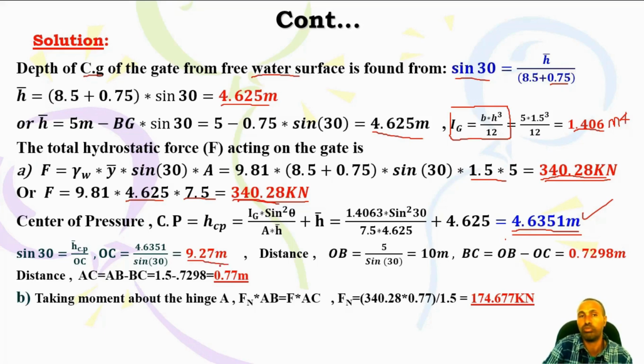To compute the distance between the net force and the required normal force, you follow moments. Distance OB will be 5 over sin 30, so OB is 10 meter. BC will be OB minus OC, and you can find this result. OC is already computed here, and hcp is known already, 4.6351 meter, which is the inclined dimension.